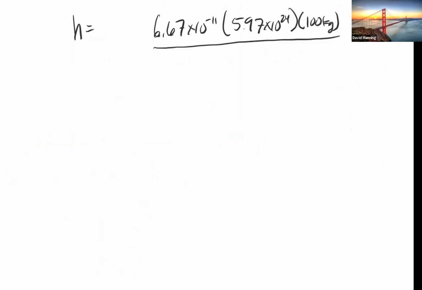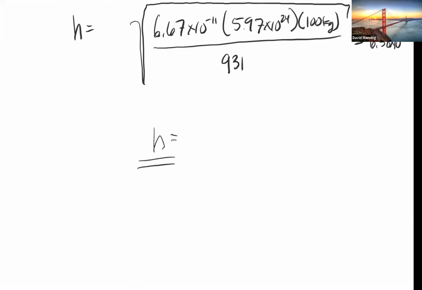What was that force? 931. Take the square root of that whole thing and then subtract the radius of the Earth, which was 6.38 times 10 to the 6. And that will give us the height we've got to go to.